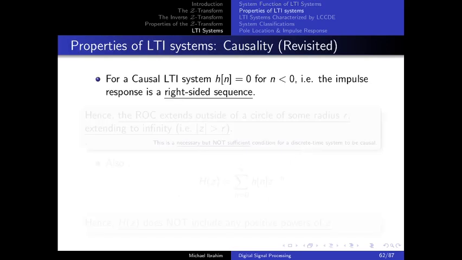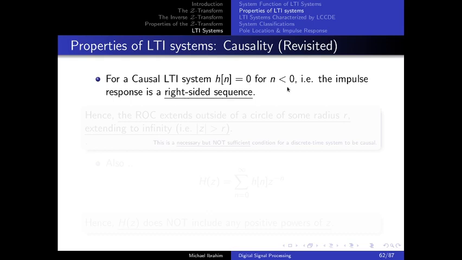Okay, so now let's go back and talk about the properties of LTI systems and how they are related to the impulse response of the system. As you remember, for a causal LTI system, the impulse response h of n should be 0 for n less than 0.